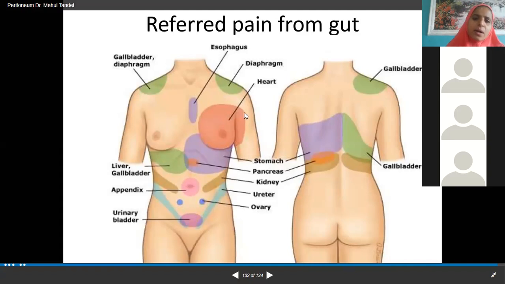Esophagus pain is felt over the sternal area. Heart pain is felt over the left thoracic cage, and it also radiates along the left arm because they all share the same nerve supply, the dermatomal rule. All these pictures help us understand referred pain.